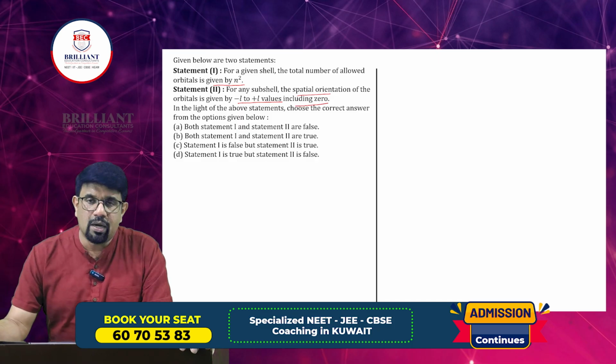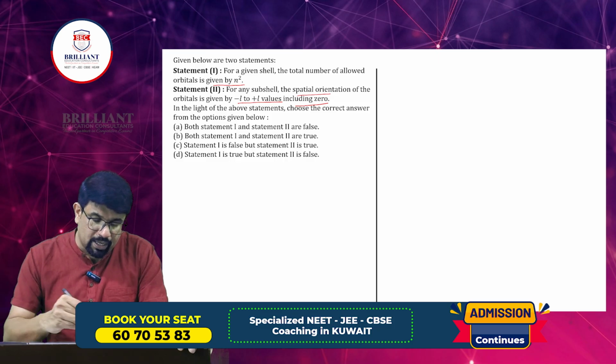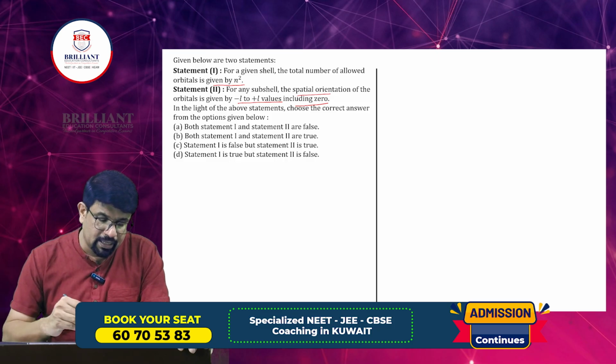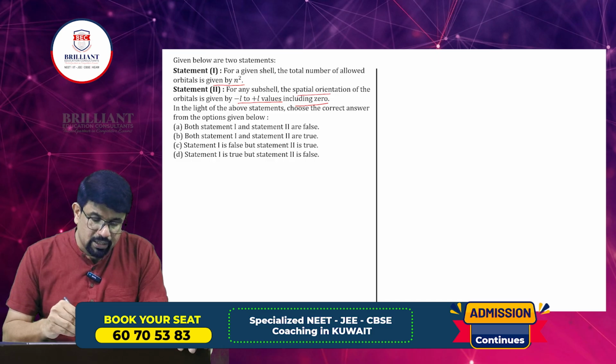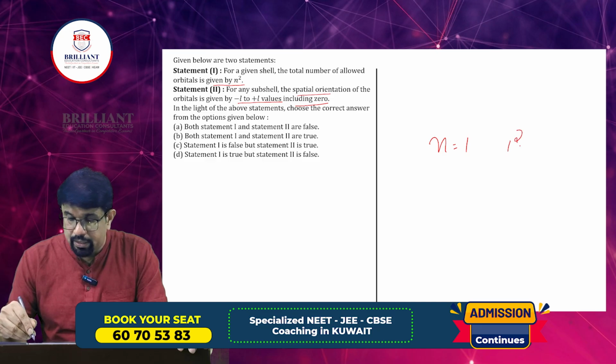We already know the quantum numbers, right? For a given shell, the total number of allowed orbitals, we will check n = 1. So energy level 1, right? How many orbitals are there? That is 1 square, equal to 1.